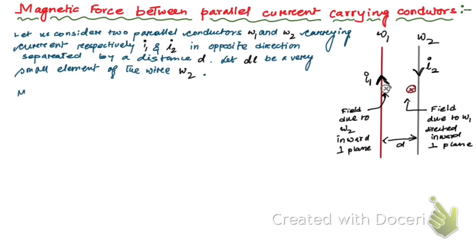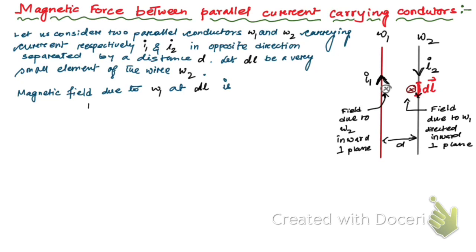Now you see the magnetic force. We know the magnetic force due to W1 at dl. I have taken this length element dl, and let us suppose the vector dl is directed in the direction of I2.